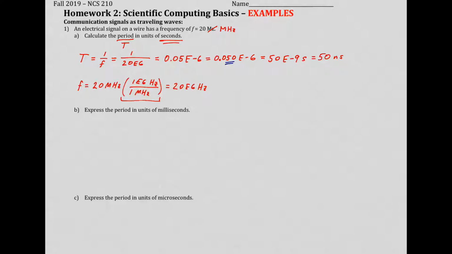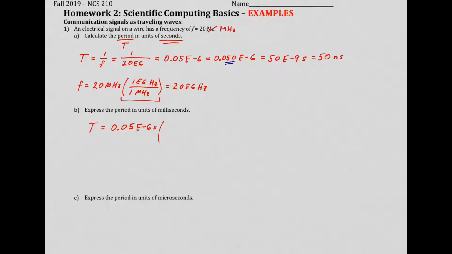Okay? Oh, look. Parts B and D are just asking me to move it to different units. Okay. T is equal to 0.05 e to the minus 6 seconds. To turn it into milliseconds, let's see, I get 1,000 times more milliseconds than a second, so I know it's going to be 0.05 e to the minus 3.